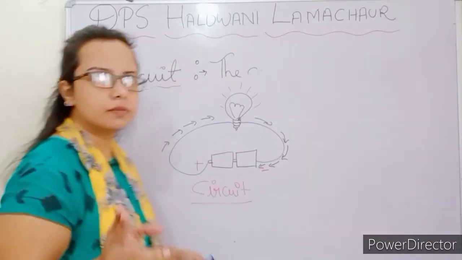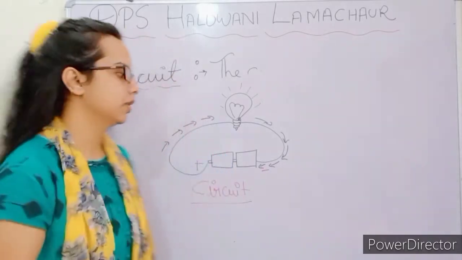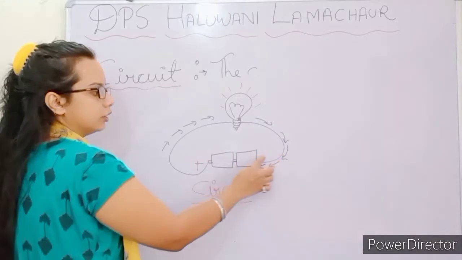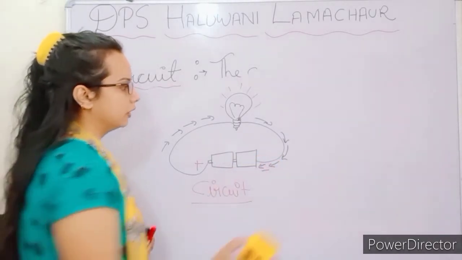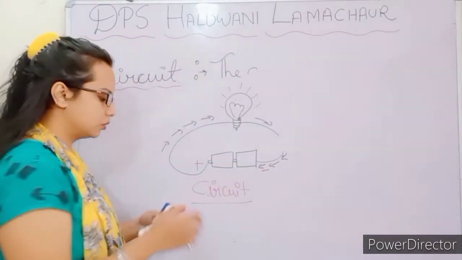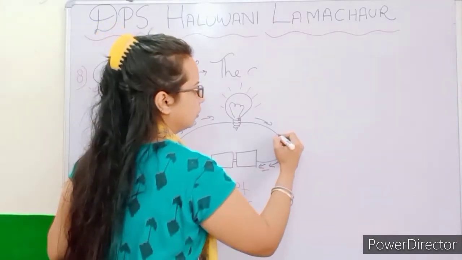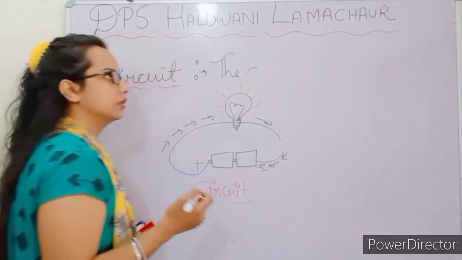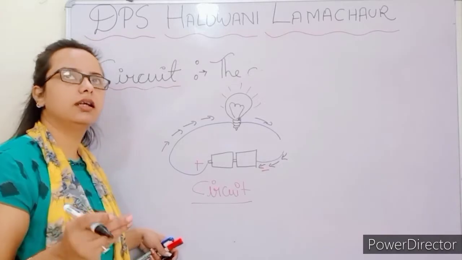Now there are two types of circuit, the open circuit and the closed circuit. So student, when the wires are connected from both sides, here I am making a switch. Okay, just as you switch on anything, when you switch on, the bulb starts glowing.